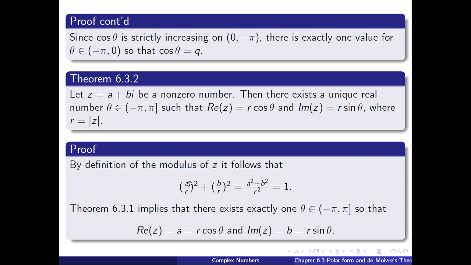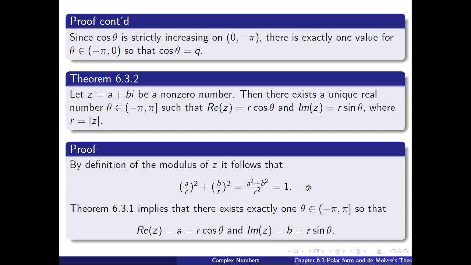So by definition of the modulus of z, it follows that if I take (a over r) squared plus (b over r) squared, it's going to be equal to a squared plus b squared over r squared. But we know that this will be equal to 1, because a squared plus b squared is equal to r squared, because r is equal to the square root of a squared plus b squared, right?